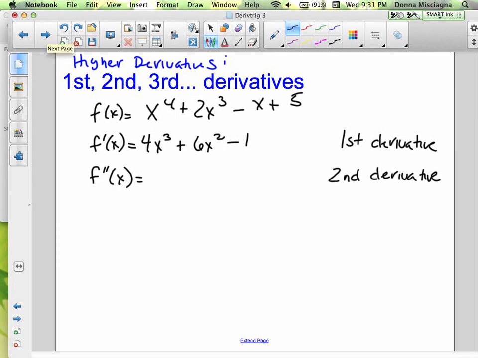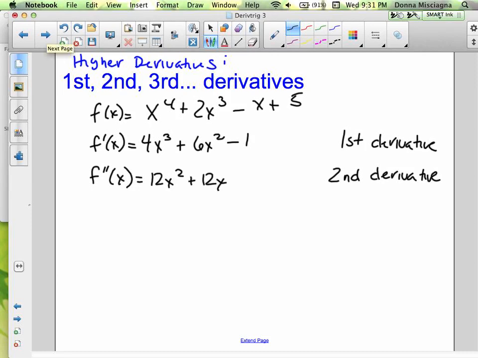Now, if I have something more, if I have products in here, they start to get really messy. But for a polynomial, each time I take the derivative, it actually gets easier. All right, so now I've only got three terms instead of four terms. The derivative of 4x cubed is 12x squared. The derivative of 6x squared is going to give us 12x. I'm just using the power rule here.